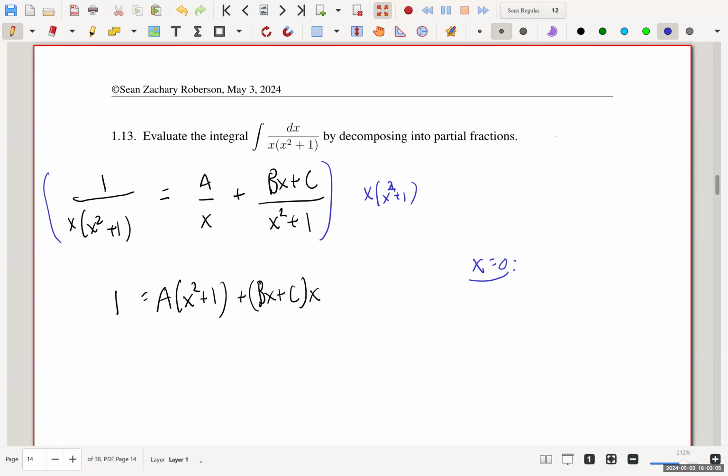And so on the left, I still have the constant 1. And on the right, I'll have A times 0 squared plus 1. That's just A. I got A for free right there. Boom. So I can go ahead and erase here and put in the value of A there. Now, let's pop quiz. Integral of 1 over x.